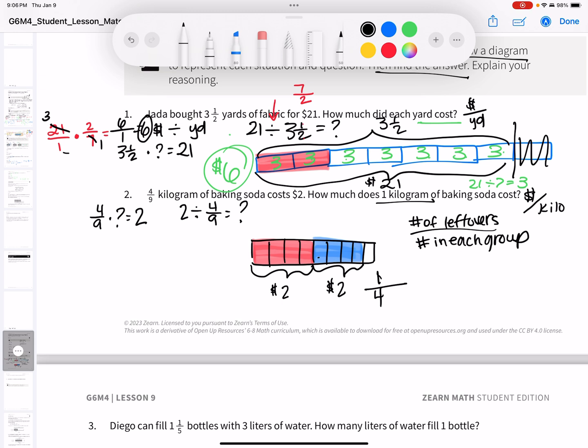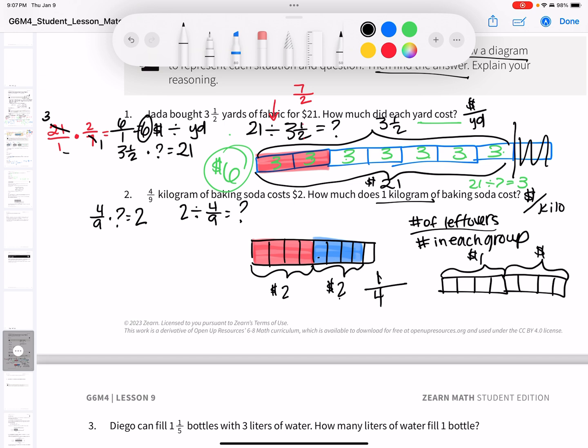But this is 1/4 of $2. Because remember, each group costs $2 and we're trying to find cost. So we need 1/4 of $2. Okay? So here's $1 and here's another $1 in fourths.